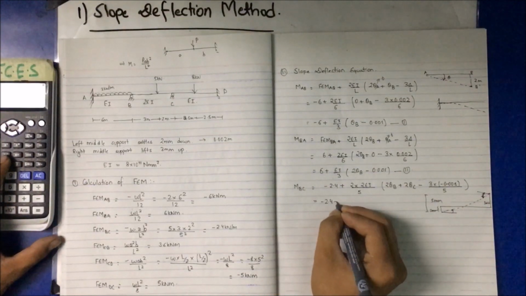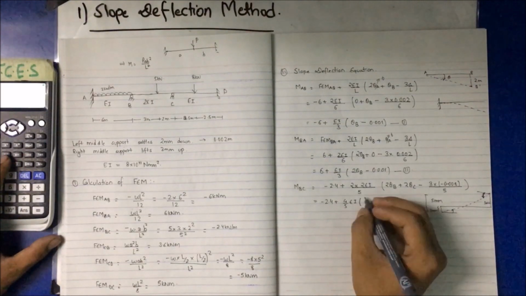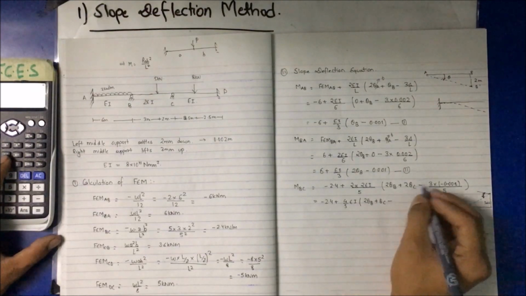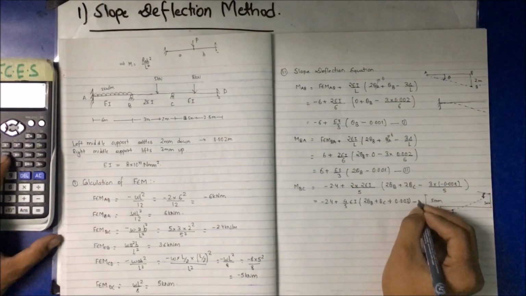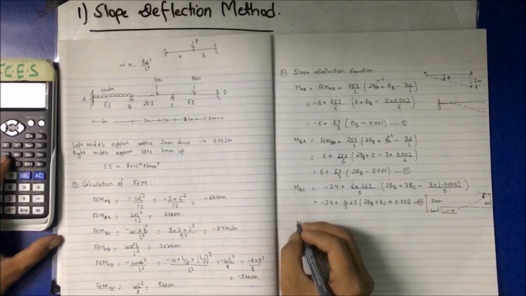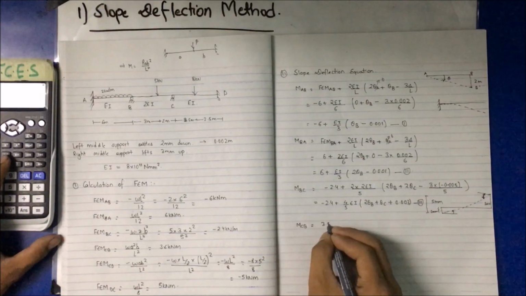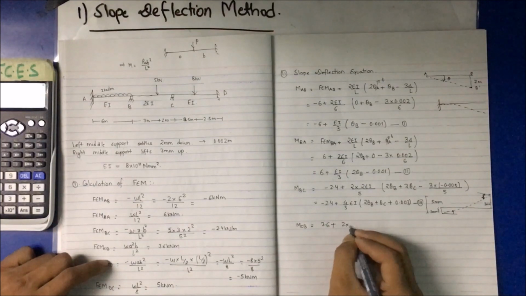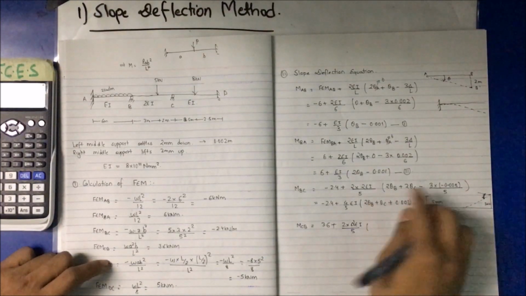Minus 2.4 plus 4 by 5 EI, 2 theta B plus theta C, minus minus plus, so 0.003, equation third. Similarly, you can calculate MCB, which is FEMCB 3.6, okay, 3.6 plus 2 into 2EI by 5.